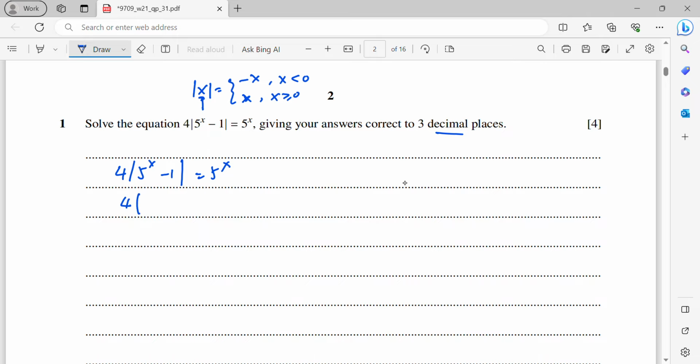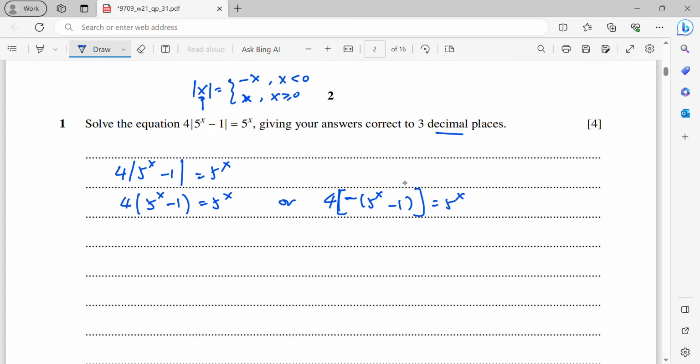I will consider the value inside the modulus positive first, or the value inside the modulus negative. So I will get these two expressions.